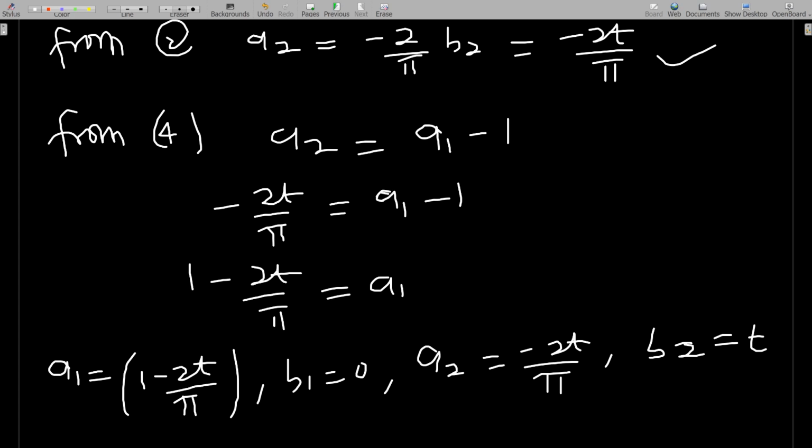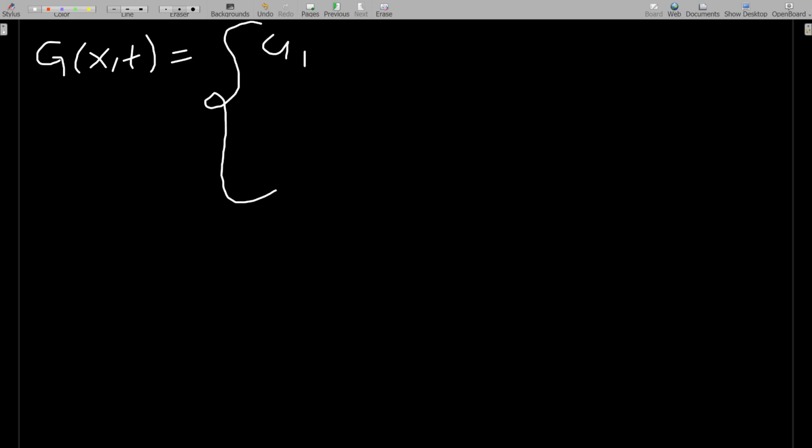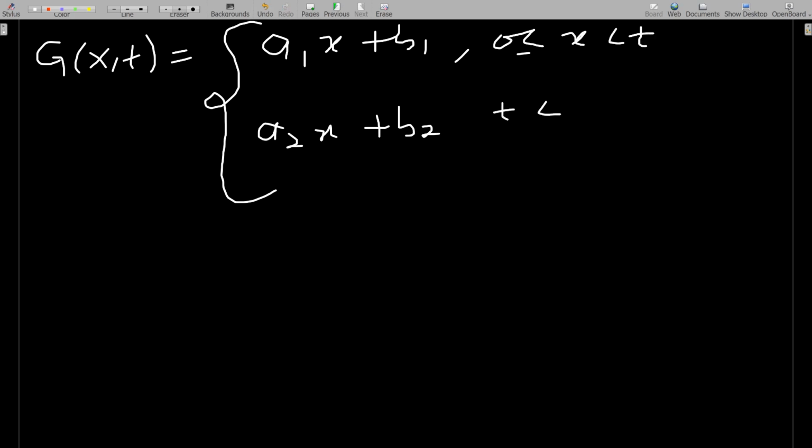So what you can do is go back to our Green's function. The Green's function g of x, t is given by two piecewise functions: a1 x plus b1 for x less than t, and a2 x plus b2 for t less than x less than or equal to pi on 2.